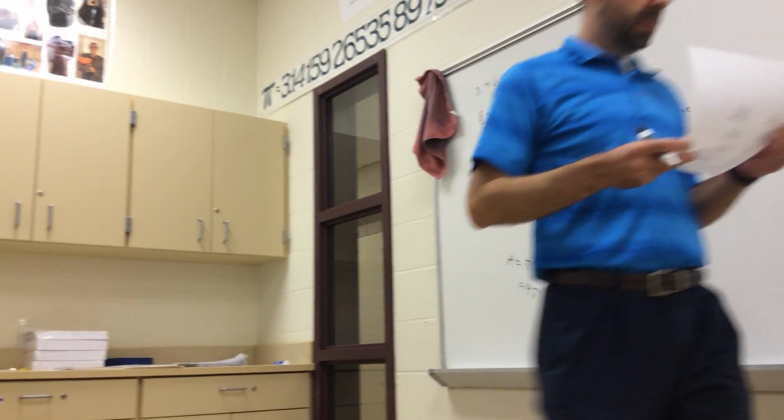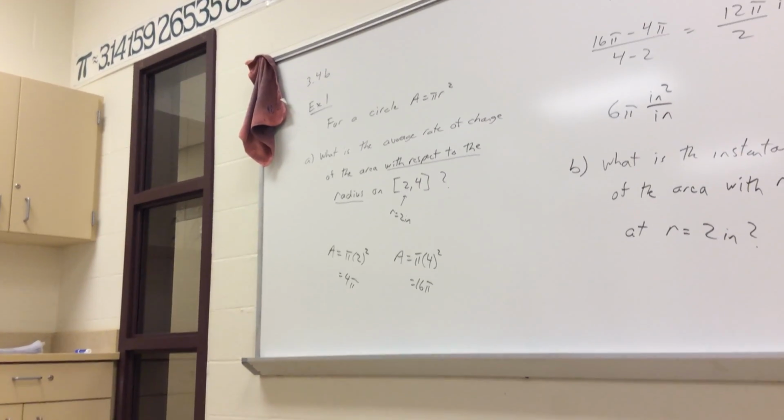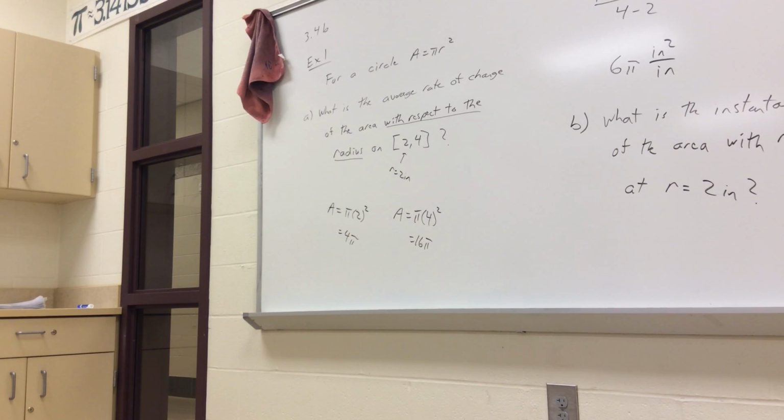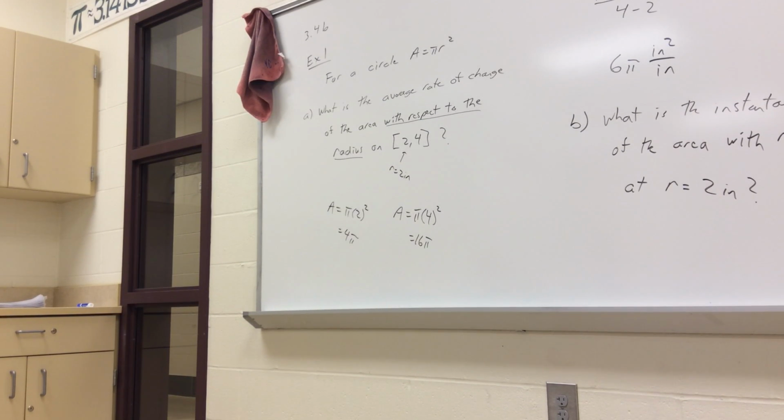Okay, then example 2 is a little bit of a business example. We're going to have a formula C of x that equals x cubed minus 6x squared plus 15x plus 24. And this is going to be the cost function.